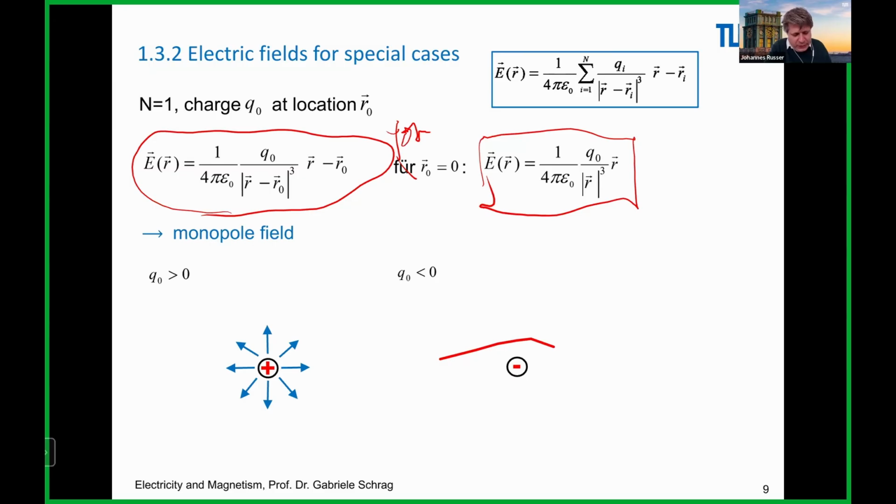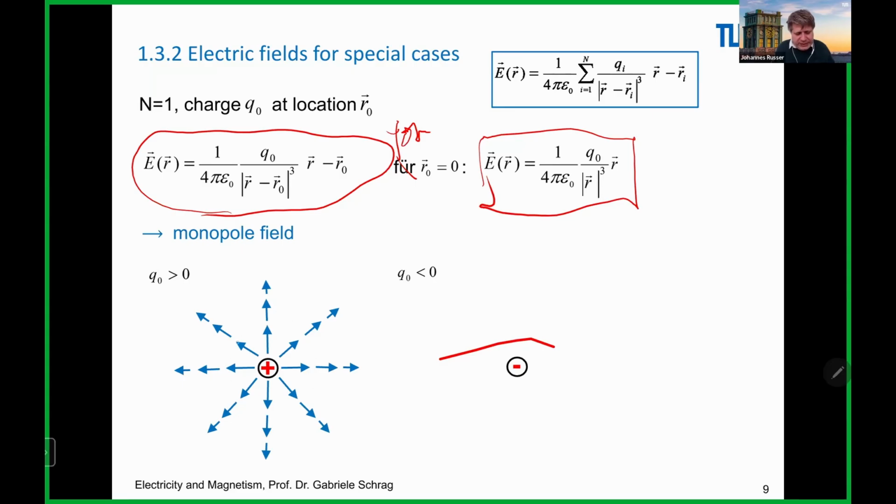So you have a monopole field, and you have here the positive charge, Q naught is larger than 0 in the first case, and we depict here vectors for the electric field. They are pointing away from the positive charge, that's by definition, and they are going in all directions.